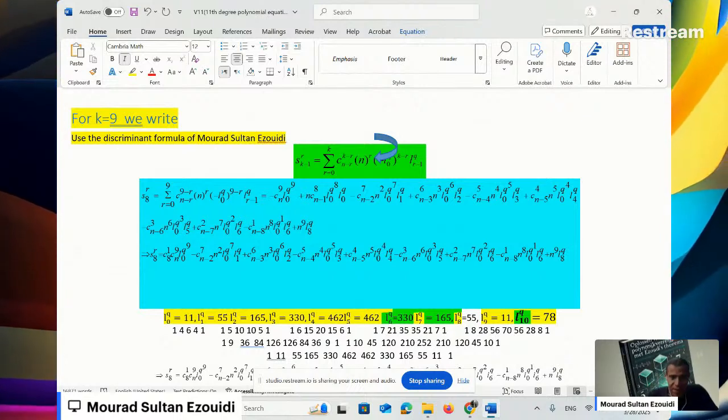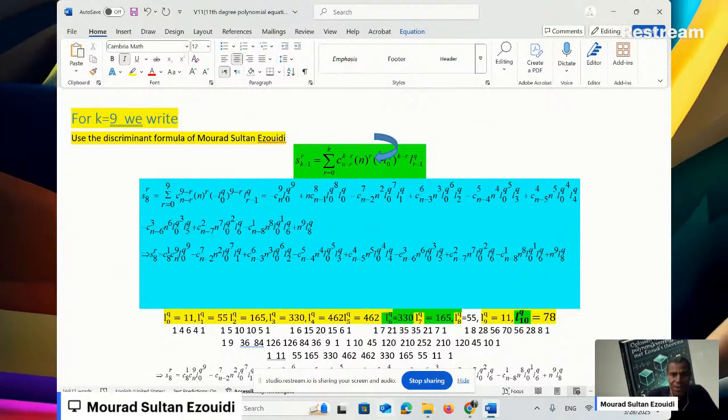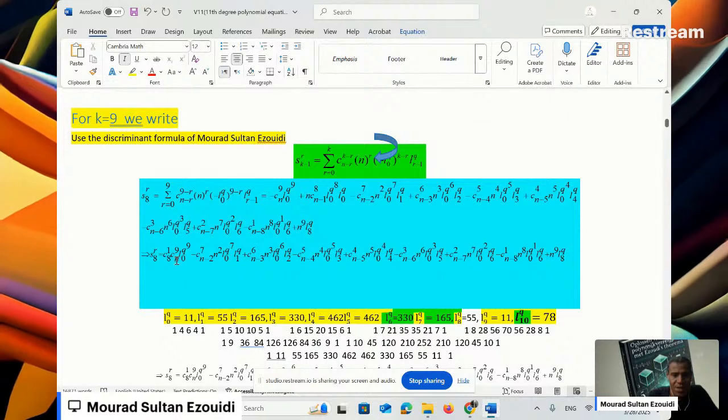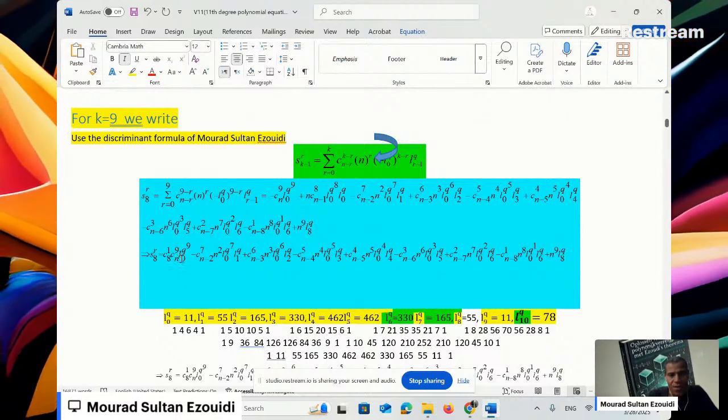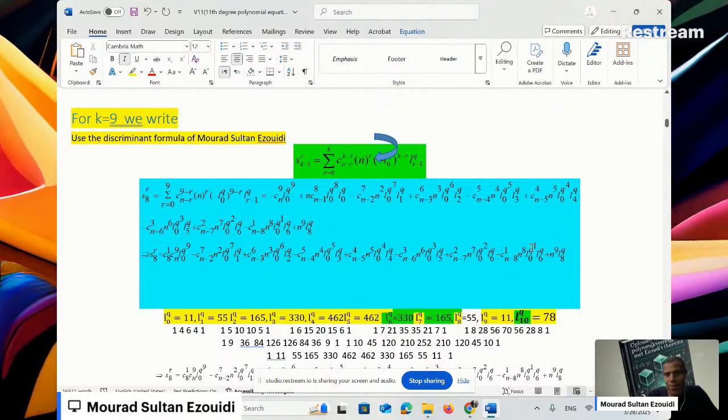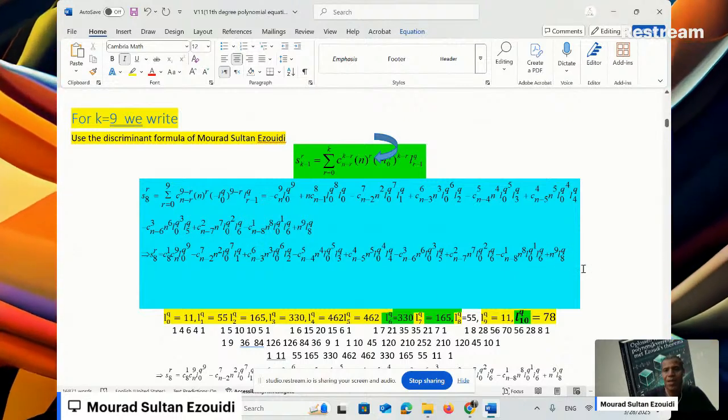After developing this formula, you are going to use the last one, which is this one: S8 equals combination 9 choose 1 times combination n choose 9 and L0 for the q raised to the power 9, up to n raised to the power 9 times L8.